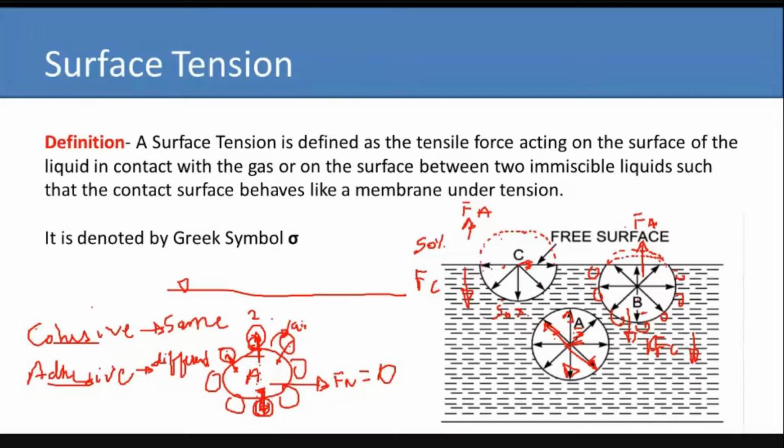So the net force F net acting on molecule B or C is nothing but the difference of the cohesive force F cohesive in the downward direction minus F adhesive in the upward direction.